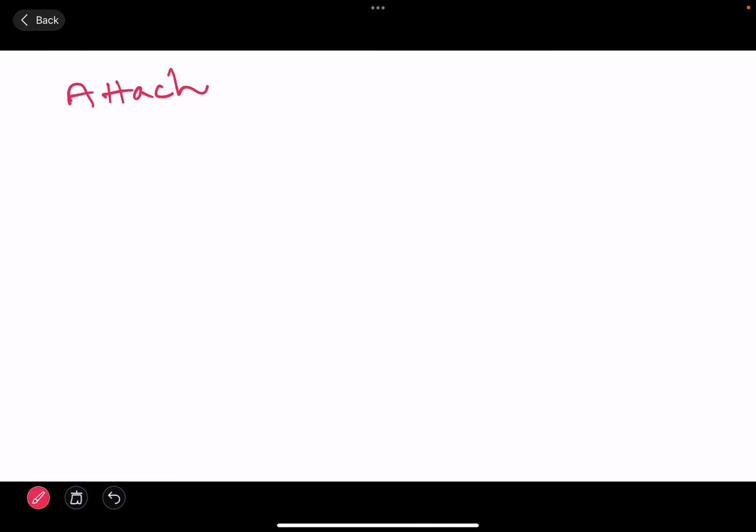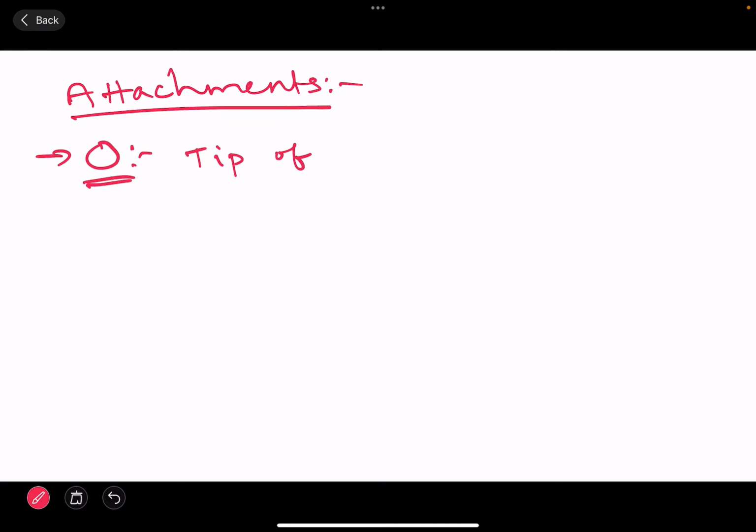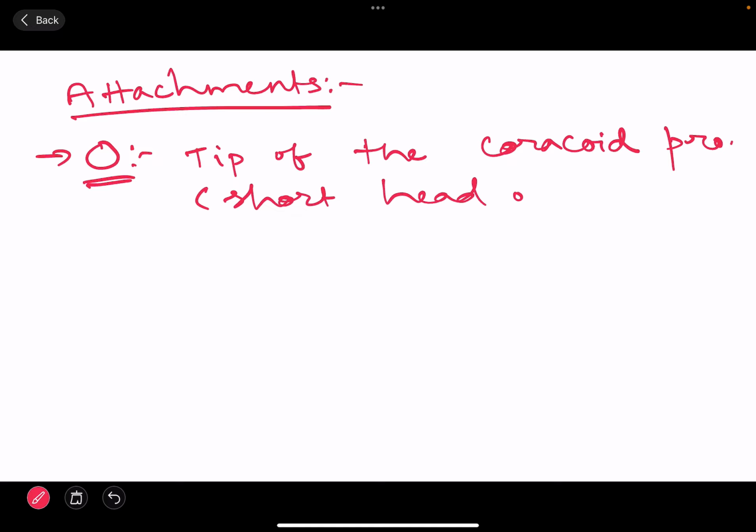Now let us write down the attachments of the coracobrachialis muscle. When we talk about the attachments of a muscle, it means that you are going to talk about its origin and insertion. First, the origin of the coracobrachialis muscle is from the tip of the coracoid process of the scapula, in common origin with the short head of biceps brachii muscle.